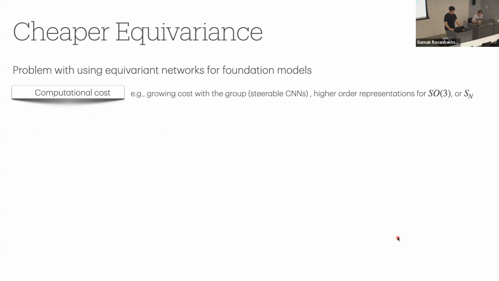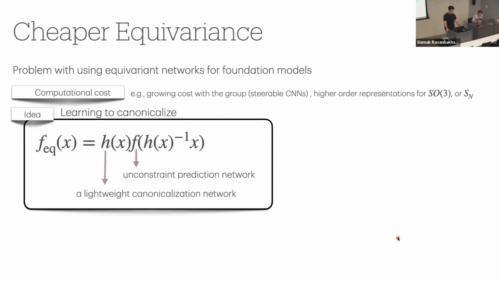So equivariant networks can be expensive. What can we do about it? Here's the idea. You can build an equivariant network out of a non-equivariant network by doing the following. This f function is not equivariant, it's unconstrained. But whatever input I give you, you put it in a canonical form.